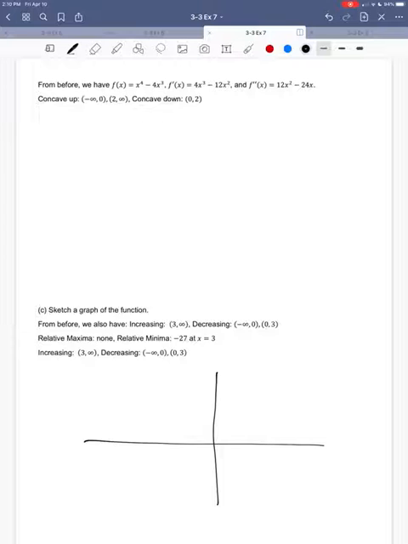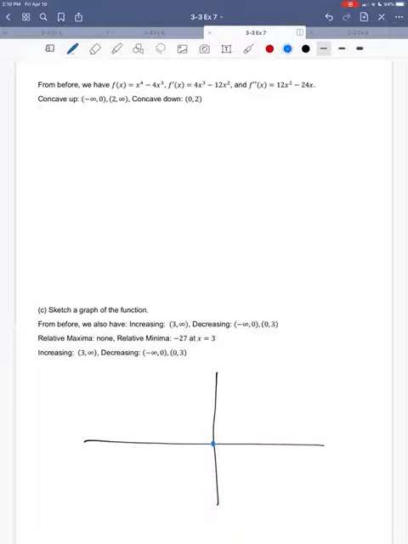So it's decreasing from negative infinity to 0. It's also concave up from negative infinity to 0. When I plugged in 0, I got the point 0, 0. So that's my point of inflection. So 0, 0 is a point on the graph.